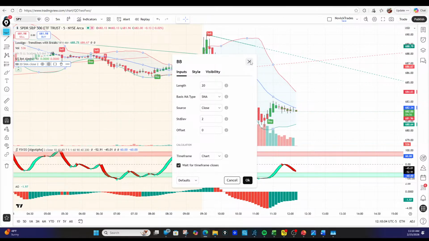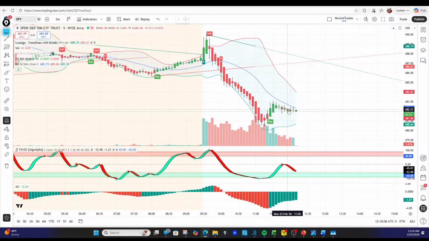Generally what happens is when the stock will puncture, it's kind of like when the wick goes through it, it's like it punctures it like a balloon, pops it. When it goes through that 20-day, then it's going to continue to go up.